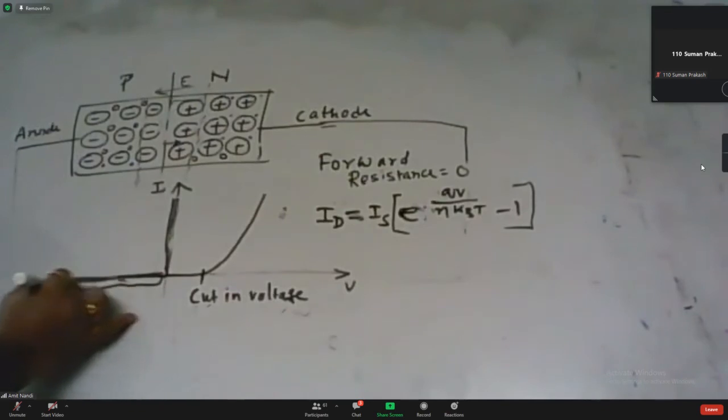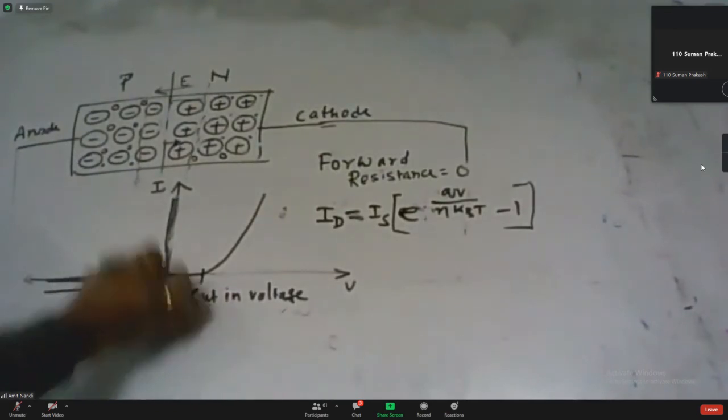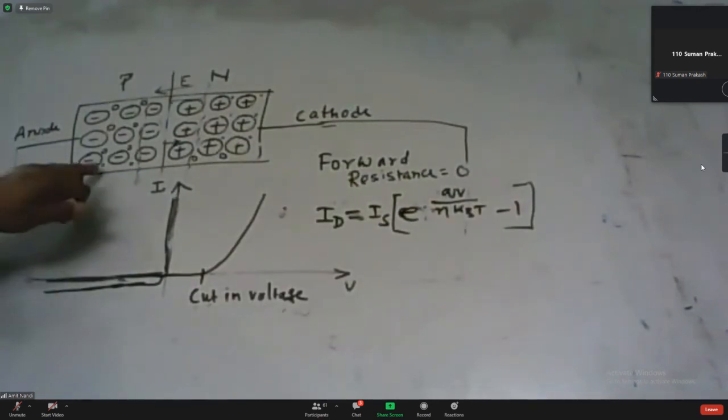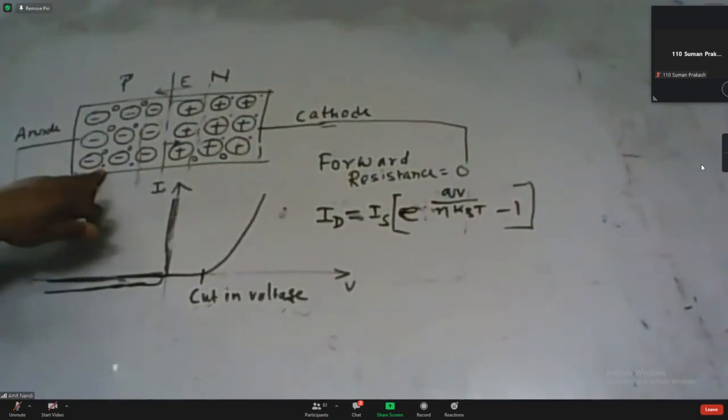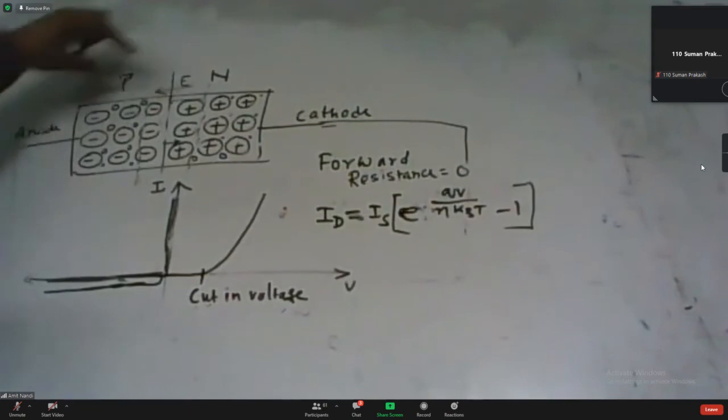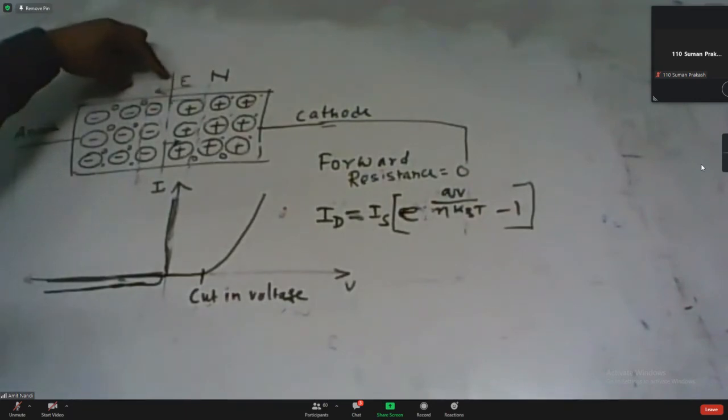Under the reverse bias condition, we say that no current is flowing, but practically a very small amount of current can flow through the diode, and that current flows due to the minority carriers. This movement occurs due to the barrier field.